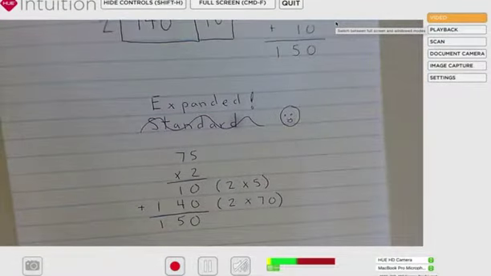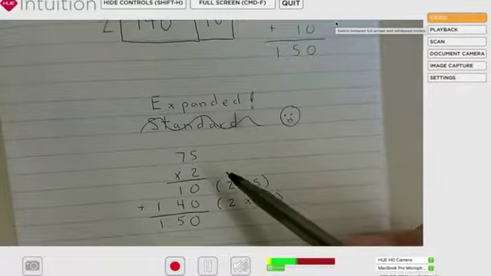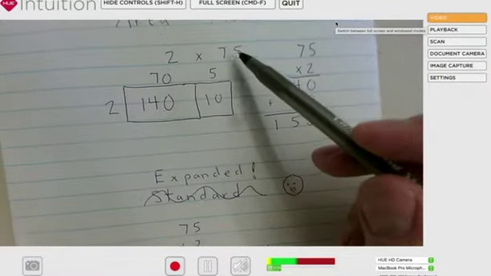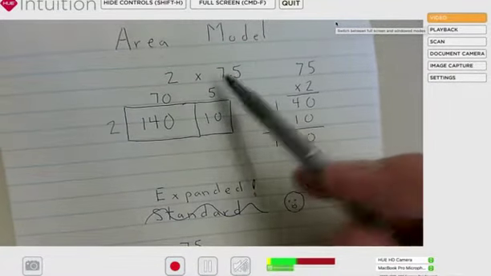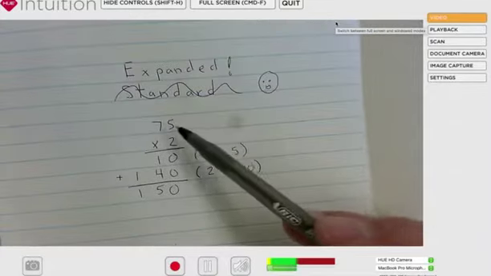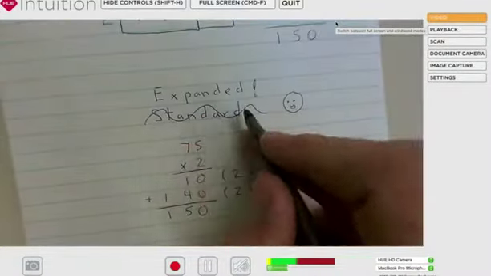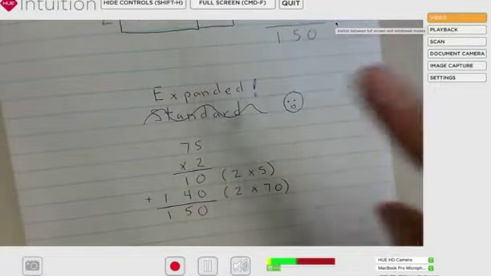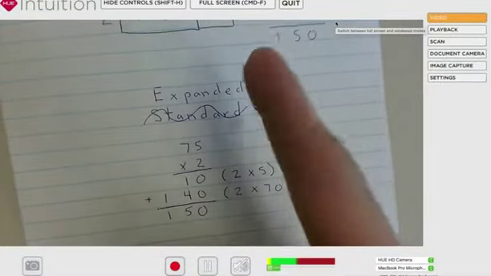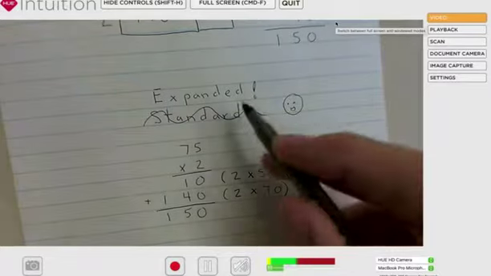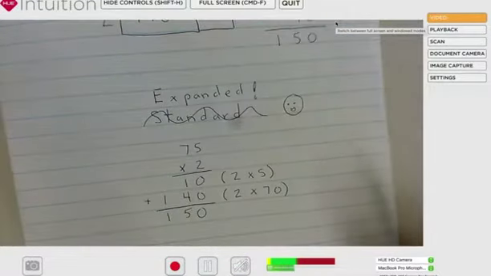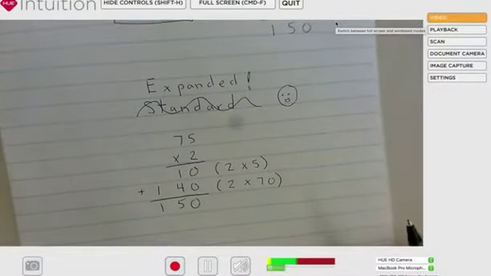Okay, it's called expanded form because just like with up here, you are expanding the 75 into a 70 and 5. So standard, you're going to come later. Naughty standard trying to break into today's lesson. That's not what we're calling it yet. You're going to come in the future. So let's call it expanded for today, shall we?